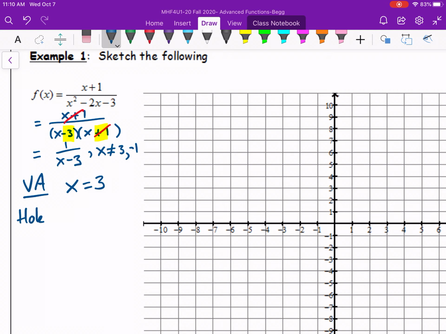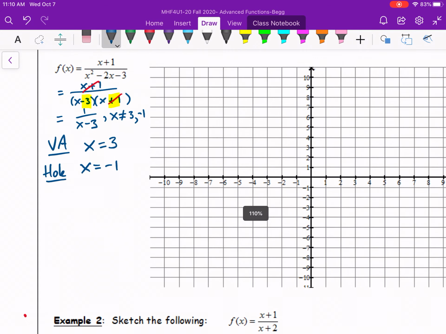So we're going to have a hole at x equals negative 1. It's not something that the graph's going to get closer and closer to, sort of shooting up or down like vertical asymptotes normally do. The graph's going to go along, and it's going to approach this hole, and at the hole it'll be undefined, but otherwise the graph's just going to carry on doing what it does. So we'll graph it and see in a minute.